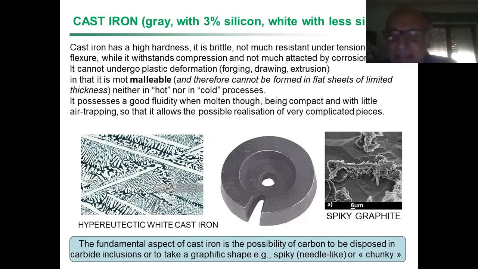It is interesting also the shape that graphite assumes, because graphite can accumulate into interesting shapes, which unfortunately normally compromise the resistance, also the resistance to corrosion, but of course also the purity of the casting.